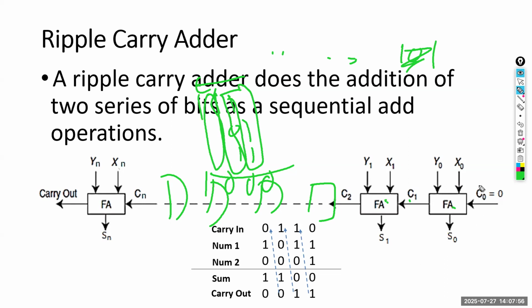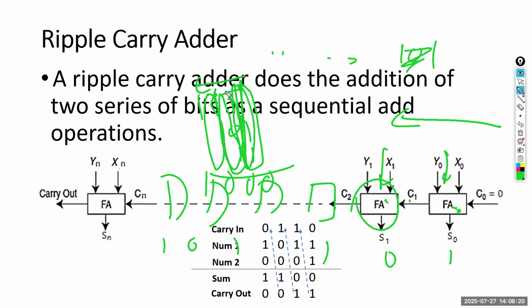So when this is executed from right to left, you are getting the output without any delay, because you are giving the addition of each column to one particular full adder. So this full adder will take care of addition of this, and when this is done, this full adder will start taking care of this and so on.